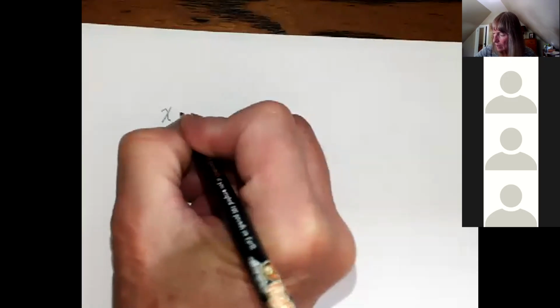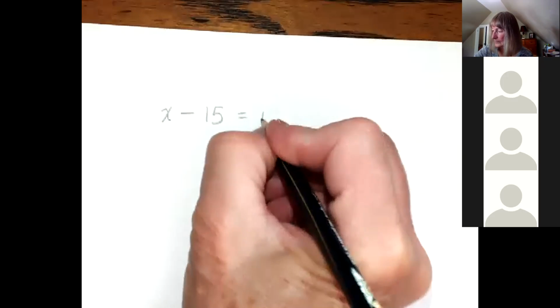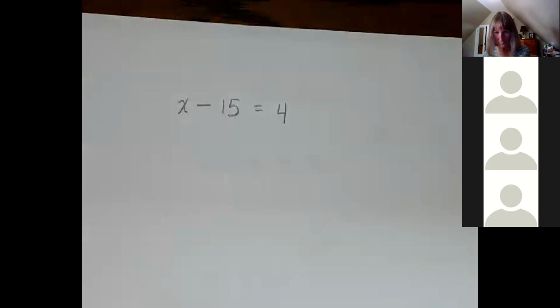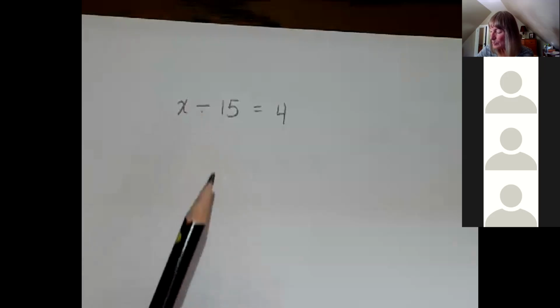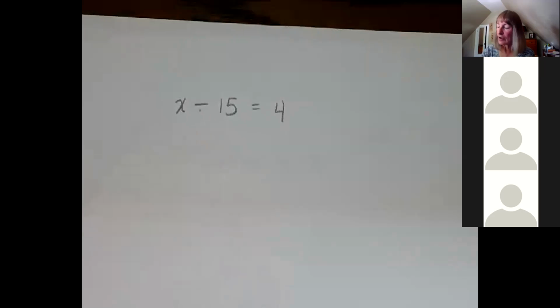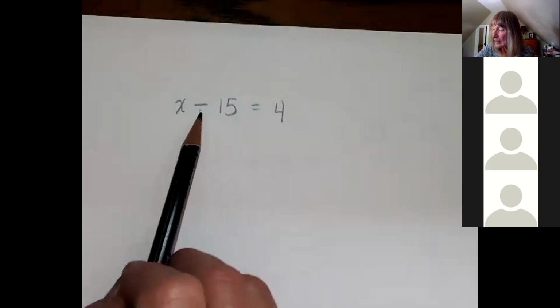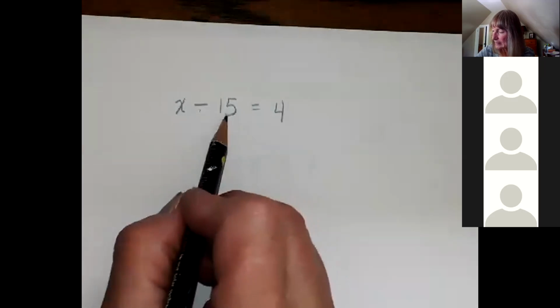If we have a problem like this, this is a subtraction problem, but whenever we do algebra, to solve it, we end up doing inverse operations. We end up doing the opposite. So to solve a subtraction problem, we have to add 15.